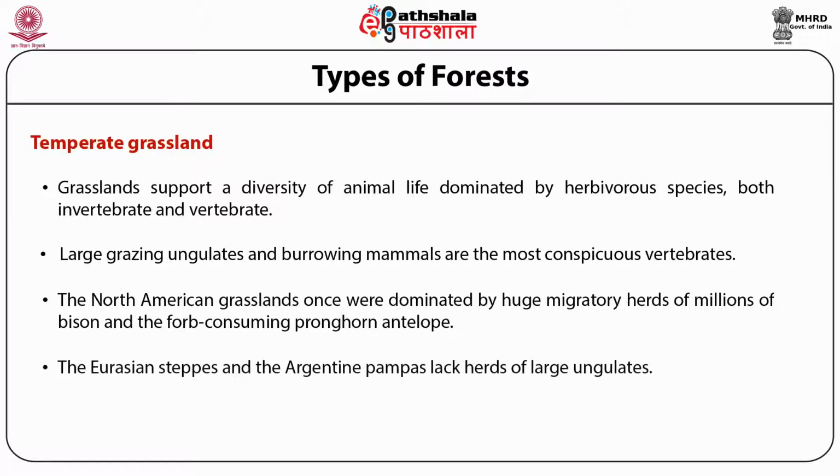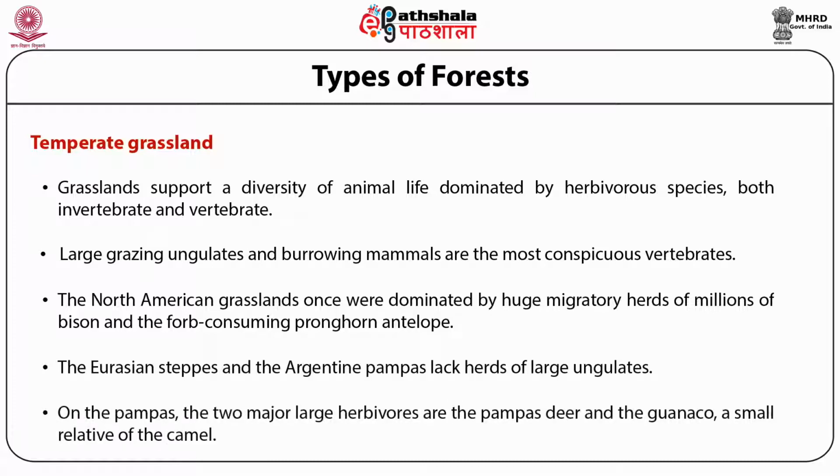The Eurasian steppes and the Argentine pampas lack herds of large ungulates. On the pampas, the two major large herbivores are the pampas deer and the guanaco, a small relative of the camel. These species, however, are greatly reduced in number compared to historical times.